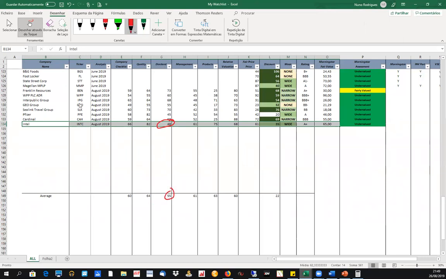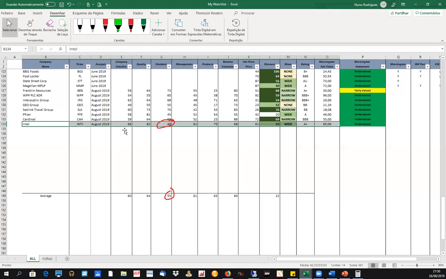So will we buy Intel? Well, Intel is a semiconductor, all right? So if we can find more companies in the same sector, then we can compare the overall company versus its peers.